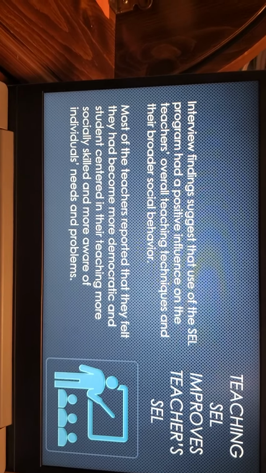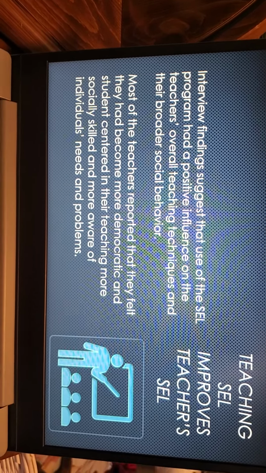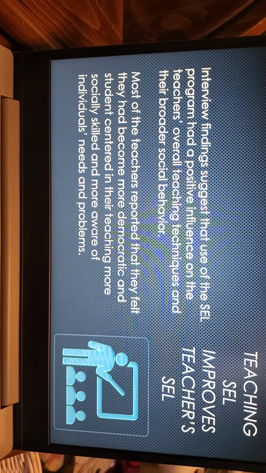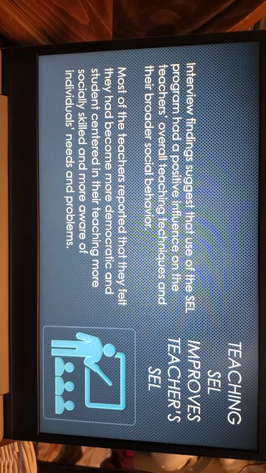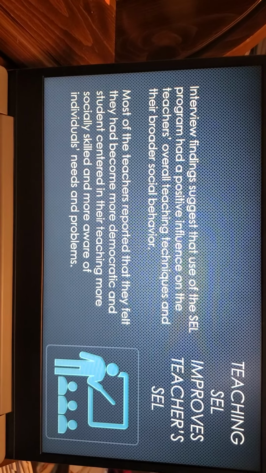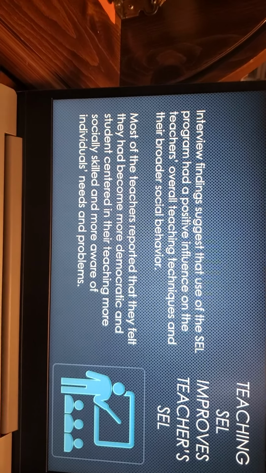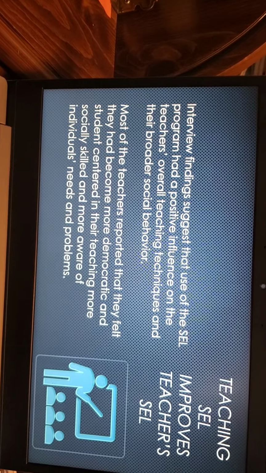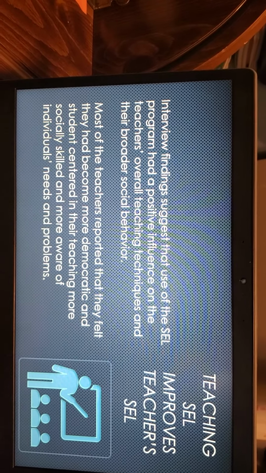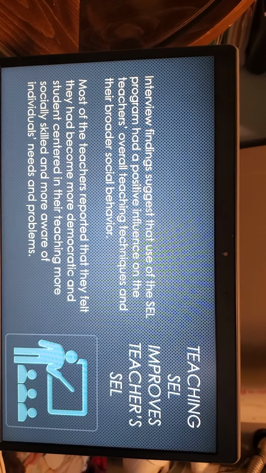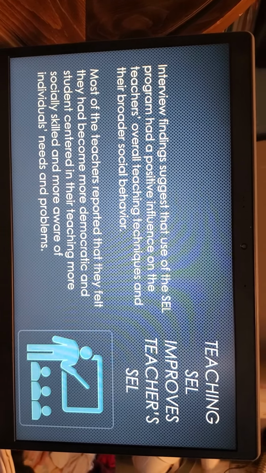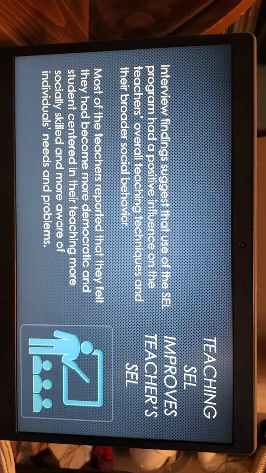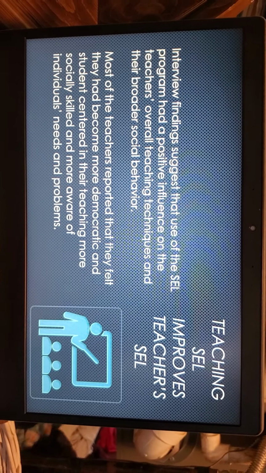I also found that a lot of teachers say they are happier teaching whenever they have an SEL program in their school and classrooms, and that overall, the districts and the principals have found that they have fewer teacher burnouts.